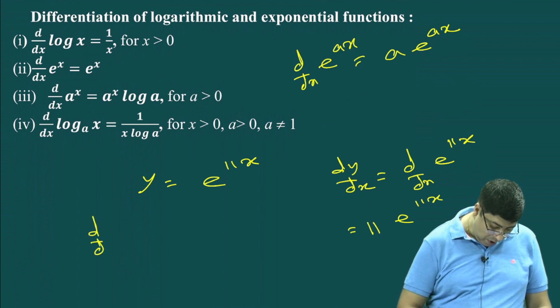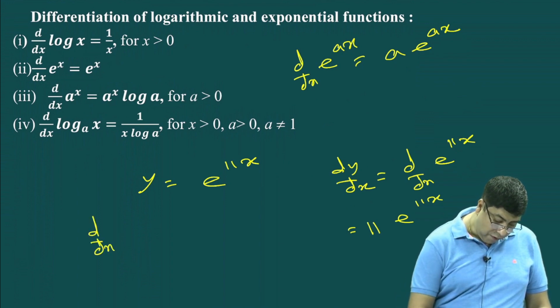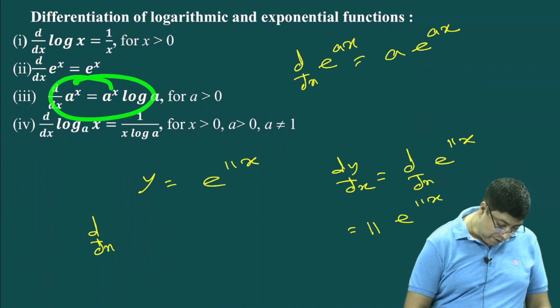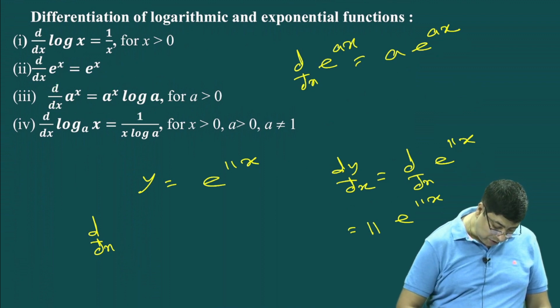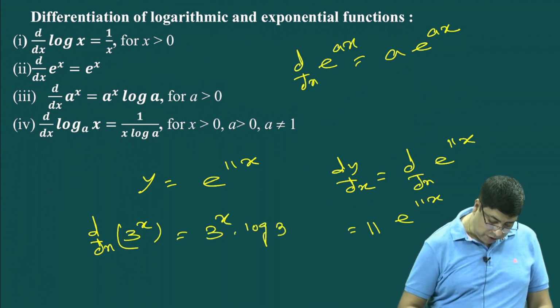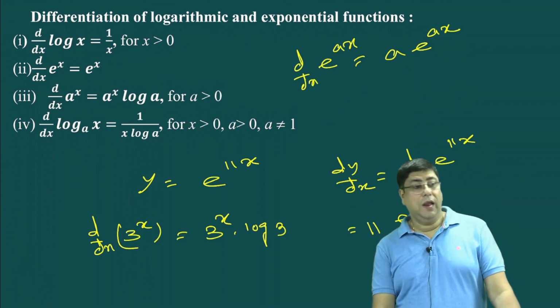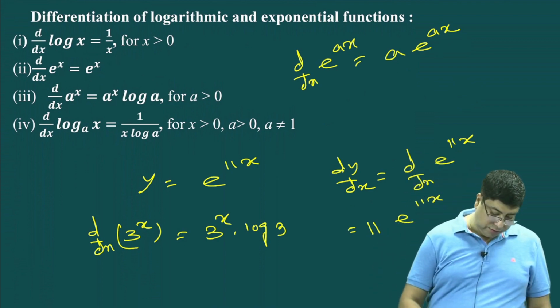One more application, d/dx of a to the power x. Suppose d/dx of 3 to the power x, this comes 3 to the power x into log 3. So we'll do it like this.